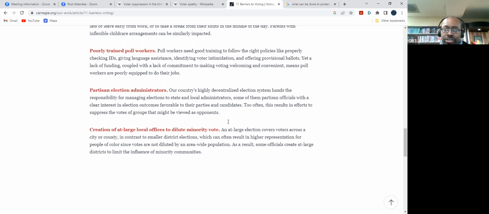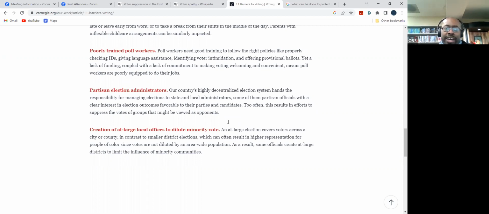So this has been going on since the beginning of our country's history, first introduced in the early 19th century by a man named Elbridge Gerry, which is how we got the name gerrymandering. And so this is one of the tools that they use.